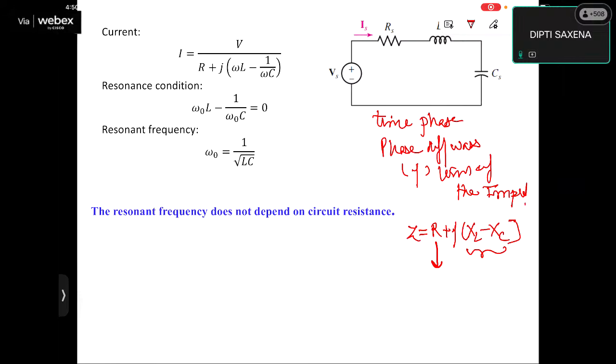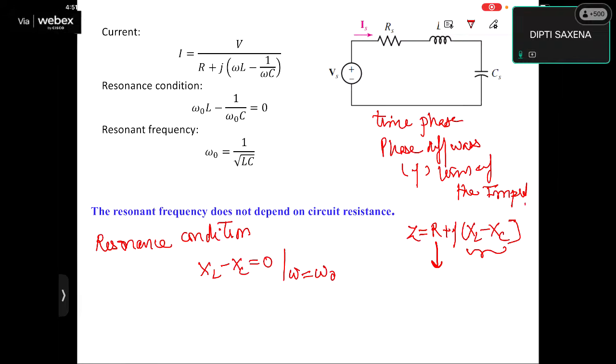So for the resonance condition, the impedance should be purely resistive, or the imaginary part of the impedance should be 0. That is, XL minus XC should be equal to 0 at omega equal to omega 0, where omega 0 is the resonant frequency of the system.